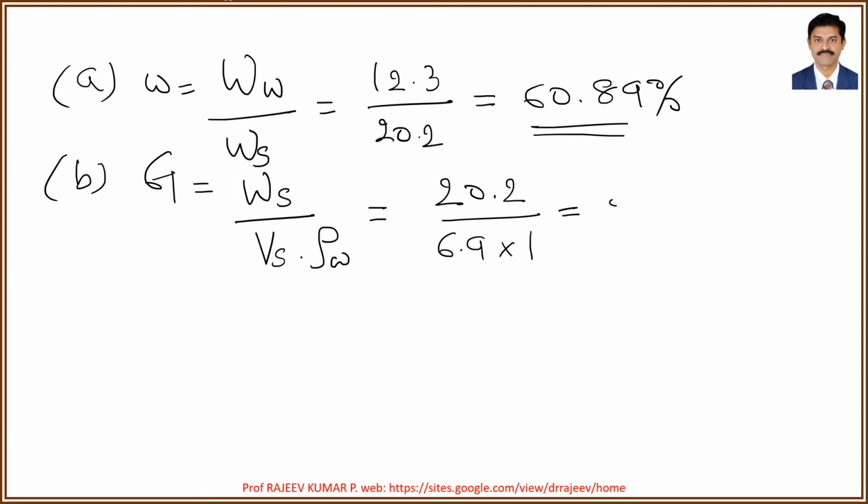This will give you 2.927 as specific gravity of soil solids.